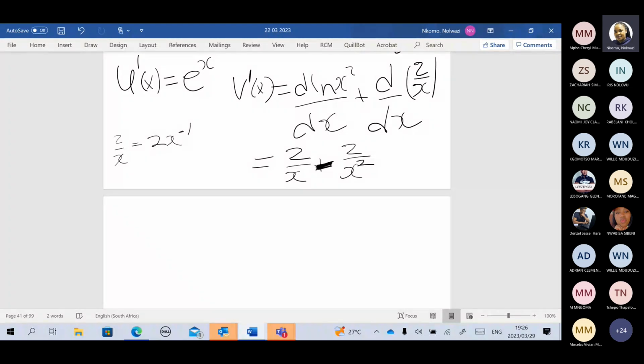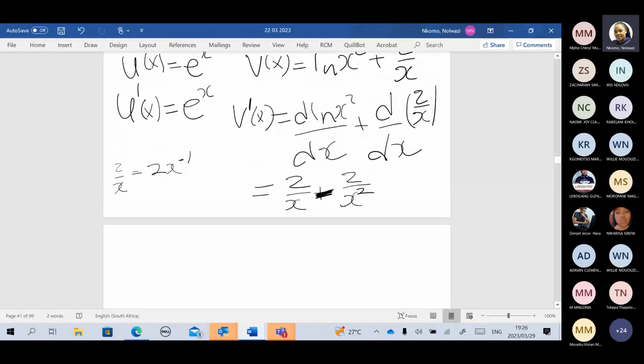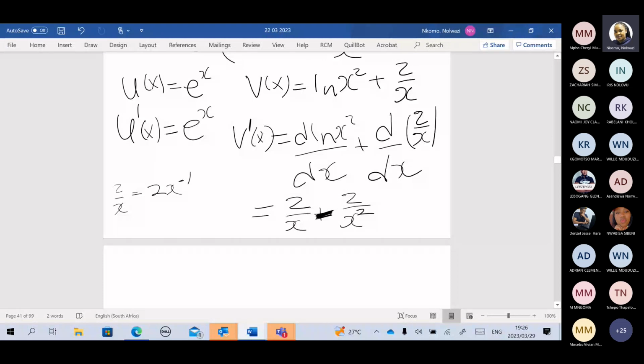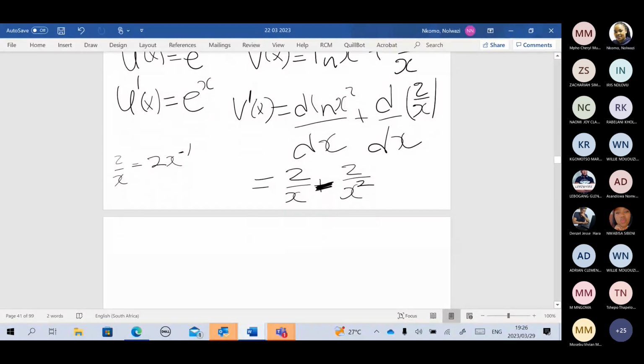Right, okay. Then the next step is to substitute them back into your product rule. So we have f prime prime equals u prime v plus u v prime.